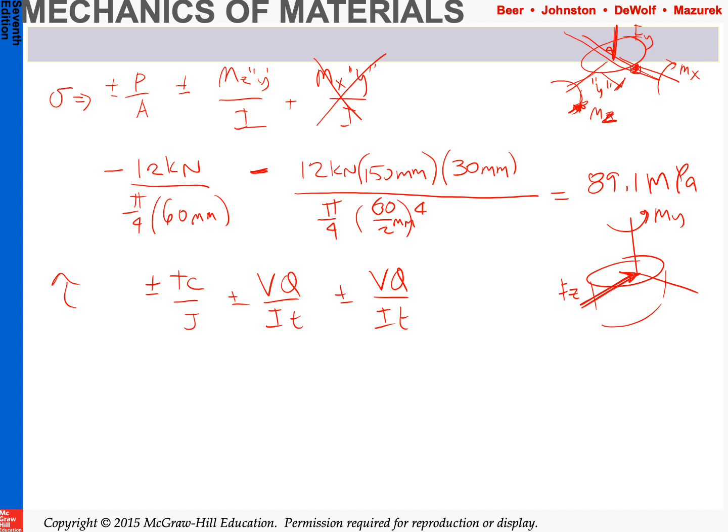So we know one of these goes away. So we have Z and we have X. One of them goes away, and our point is here. So this is on the neutral axis, or perpendicular to the direction of the force. So we know we have the Tc over J part.